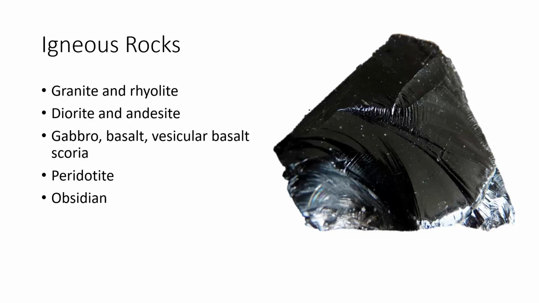So while it is dark in color, obsidian is technically felsic to intermediate in composition, even though, as we recall, there are no minerals present because the rock was quenched so quickly and an ordered repeating crystalline structure was never developed. Thus, it is amorphous.